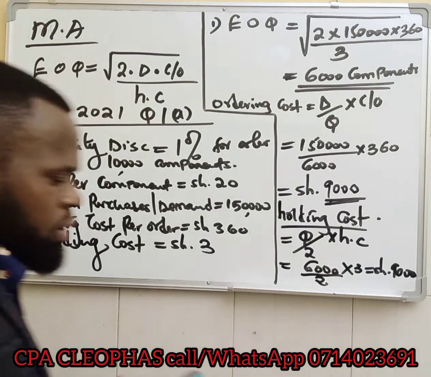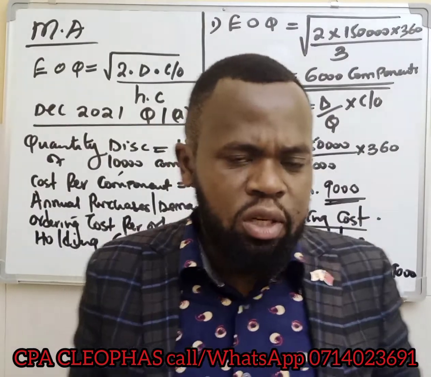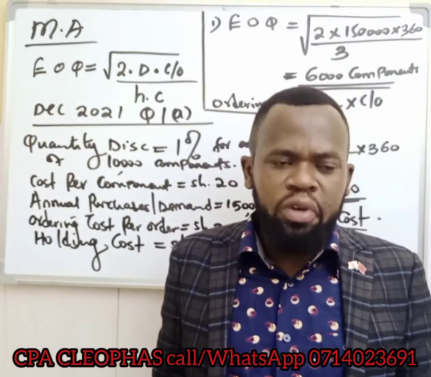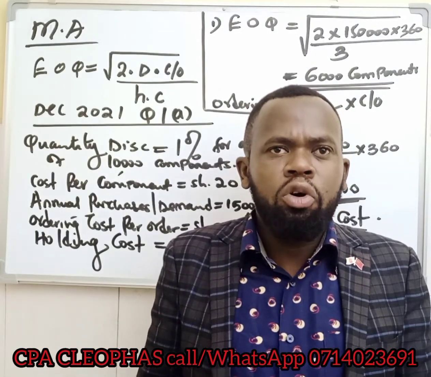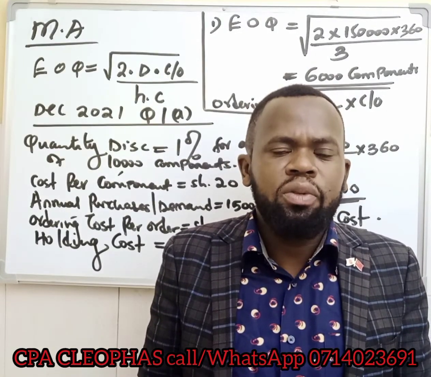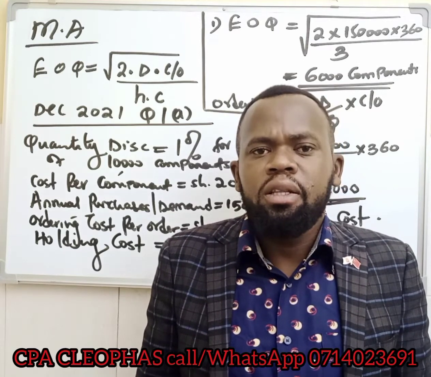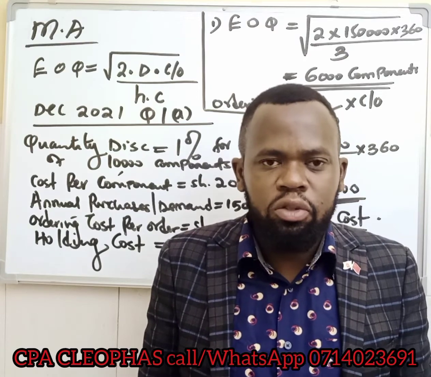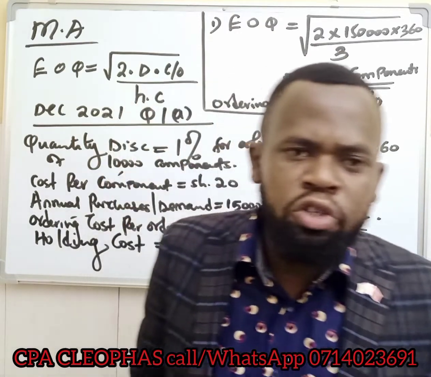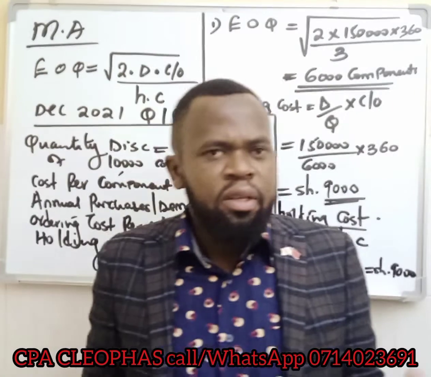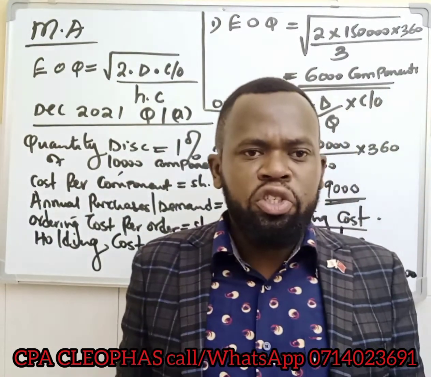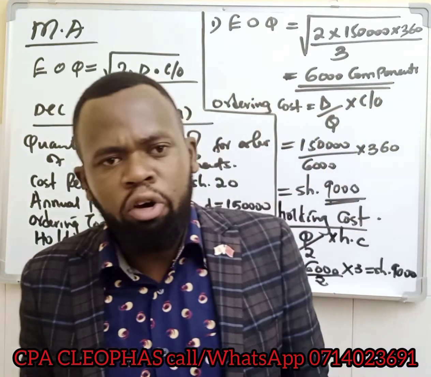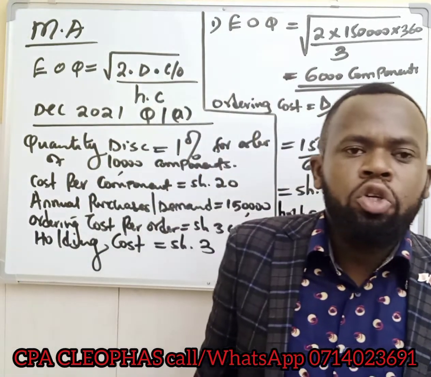Whenever you are to make a decision on whether to accept or reject a quantity discount, first compute the total cost without the discount and the total cost with the discount, and then compare them. Because it is cost, you must pick the option with the minimum total cost.